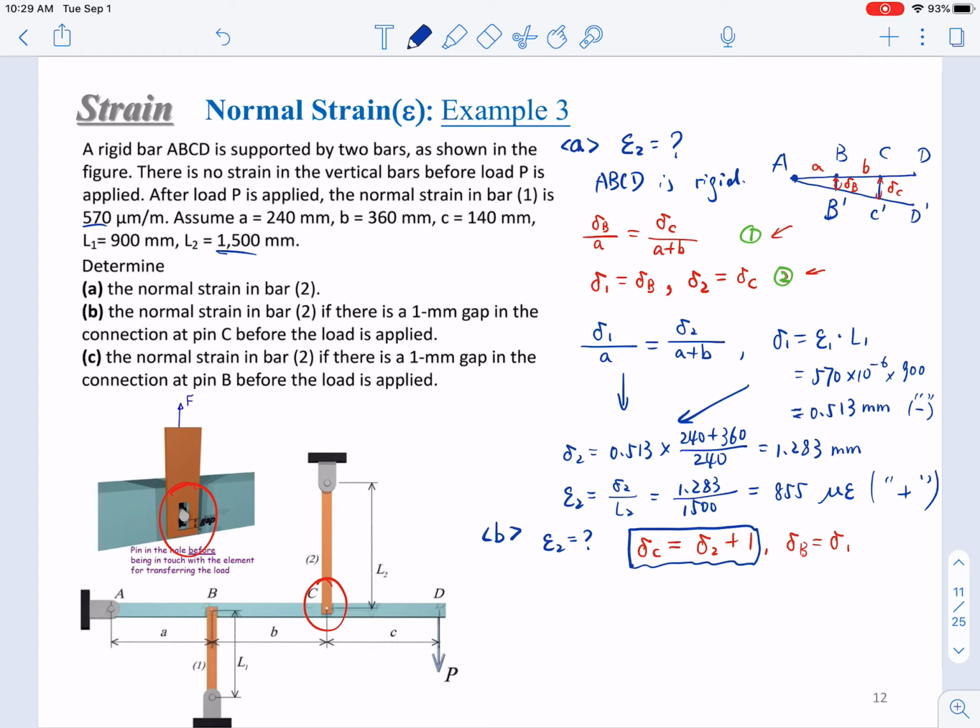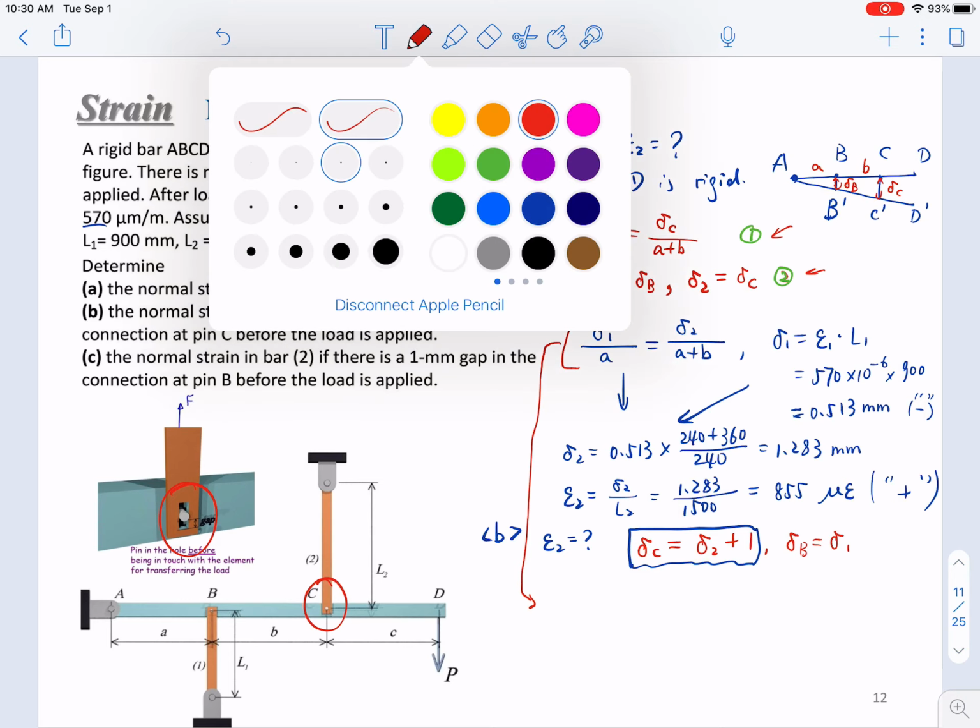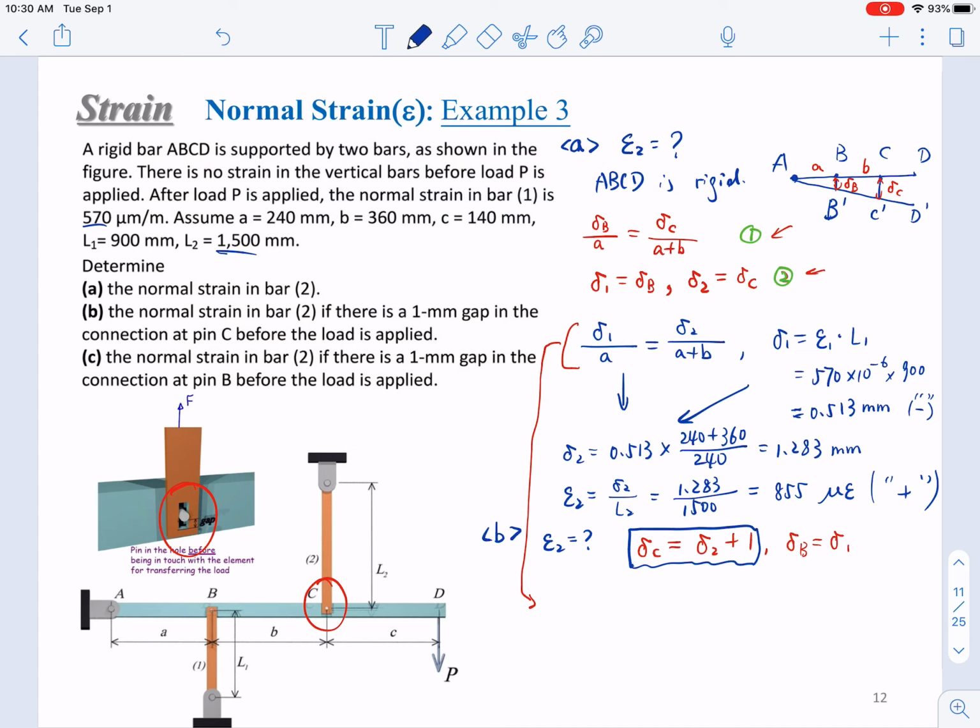So based on this analysis, we can write the equation to solve for epsilon 2. We just start from this equation, and we need to rewrite it to delta 1 over A equals what?